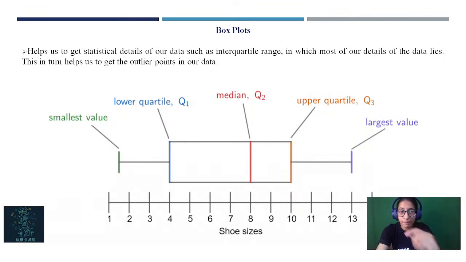It is a method for graphical representation showing how the numerical data is spread out through their quartiles. It helps us get statistical details about the data, such as the interquartile range, in which most of the data lies.